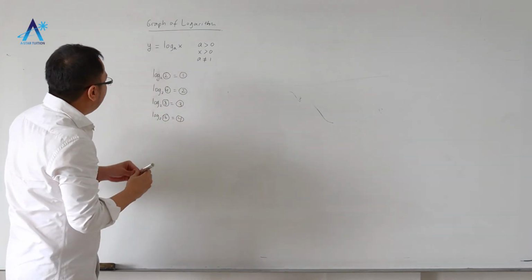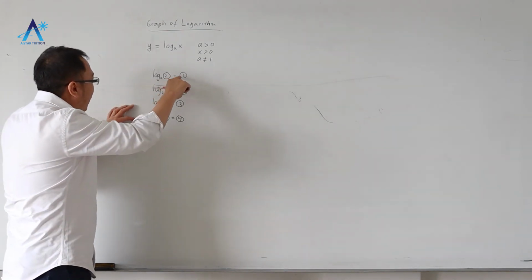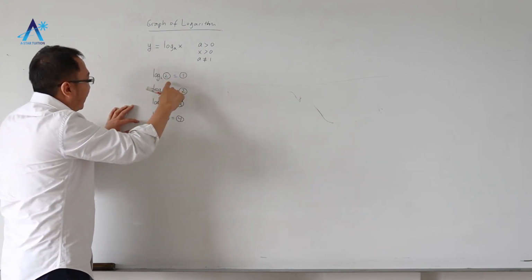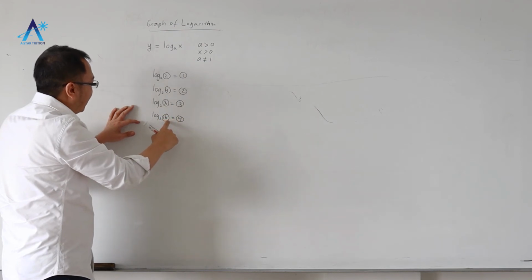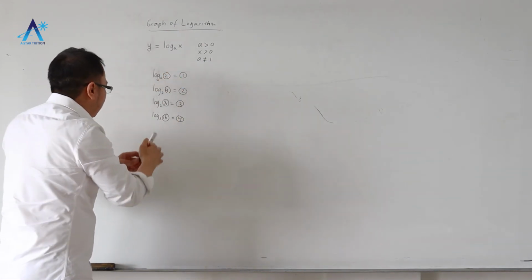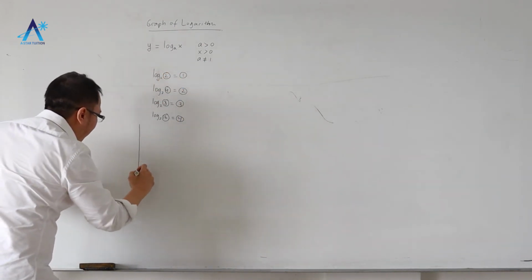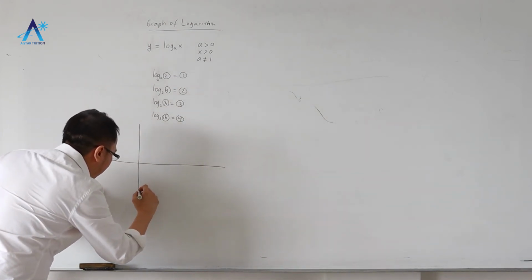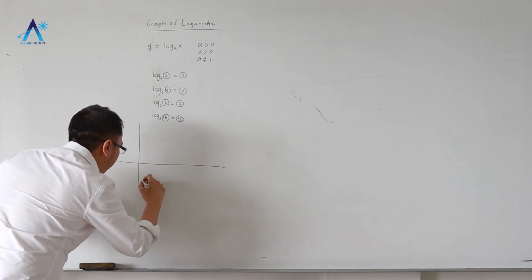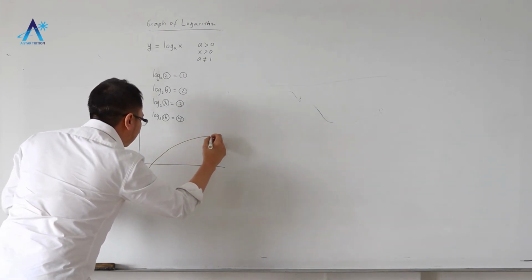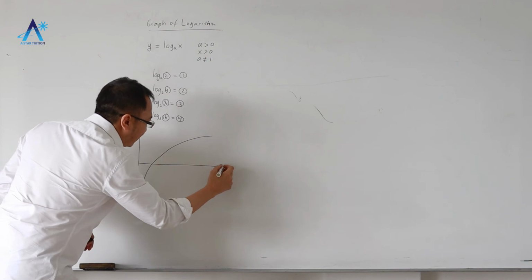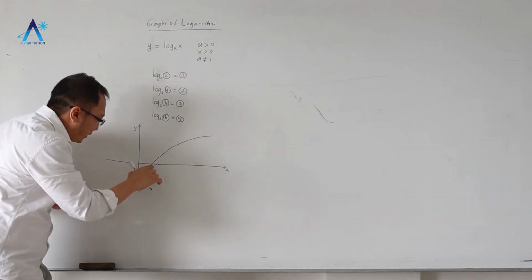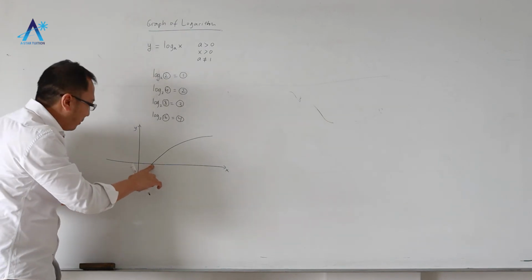However, this y value is increasing slower than the x value. Okay. As such, the graph of the log function generally would look like this. Yeah, it's a slowly increasing function, and this coordinate right here is called the x-intercept.